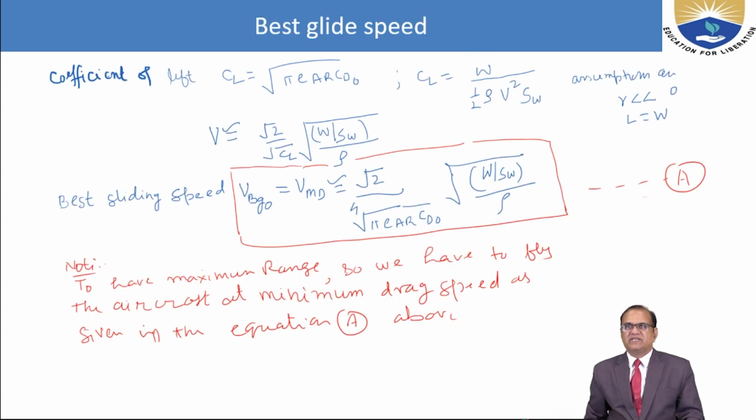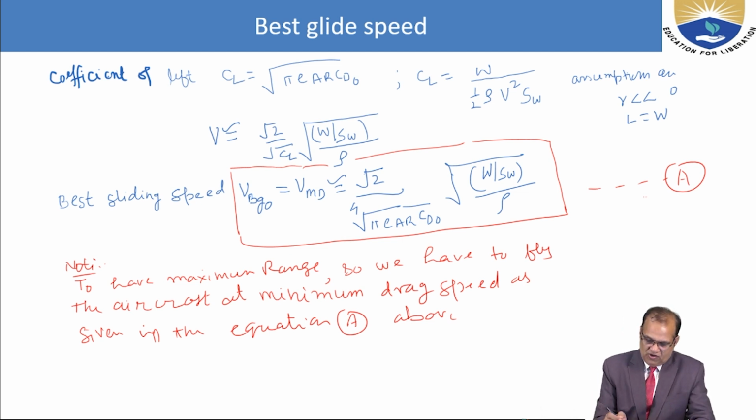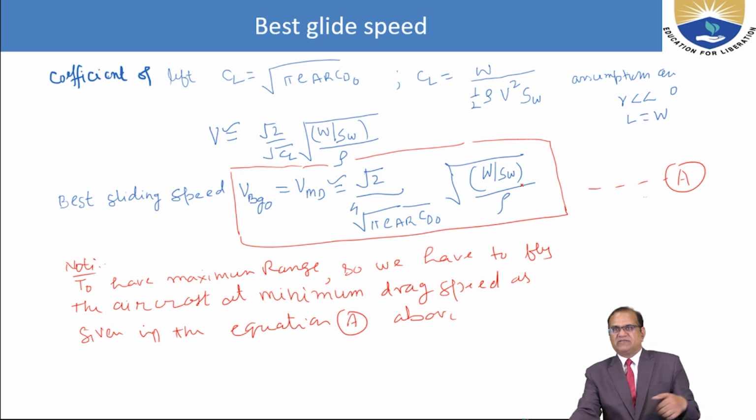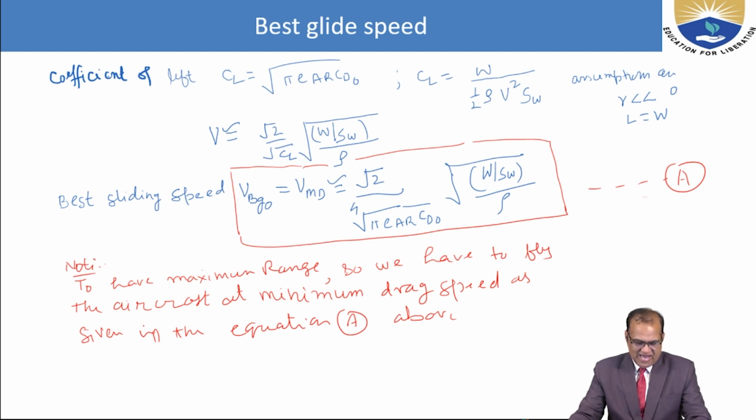Best glide speed is equal to VMD, under root 2 by root of 4 pi e aspect ratio CD naught times W by SW. To have the maximum range, we have to fly the aircraft at a minimum drag speed as given in the equation above.